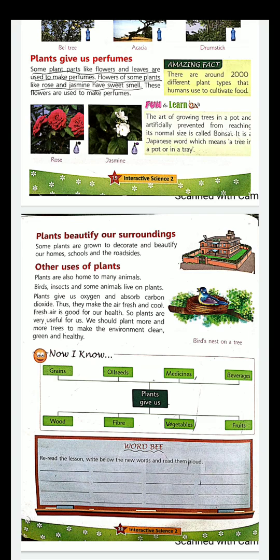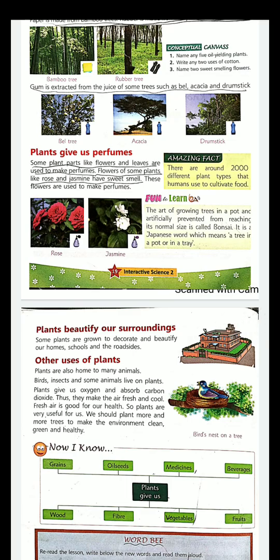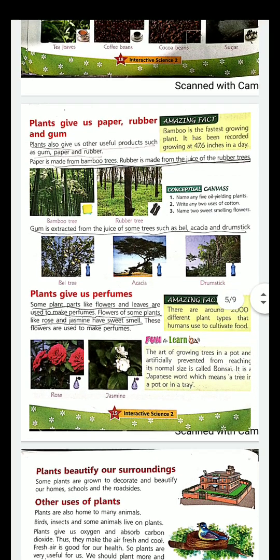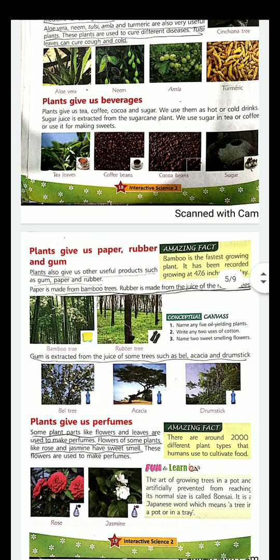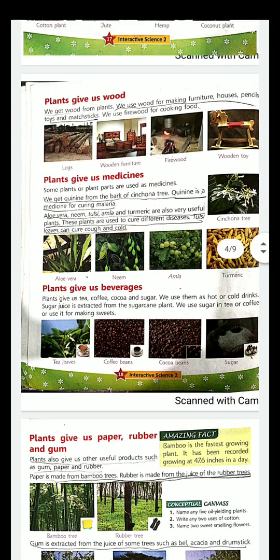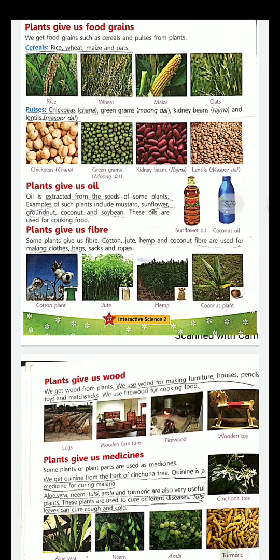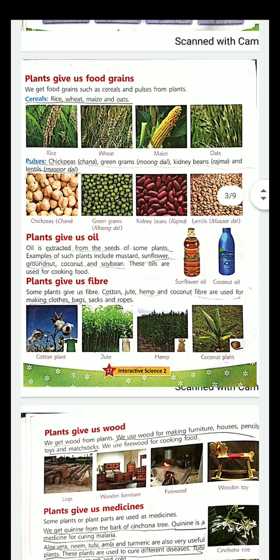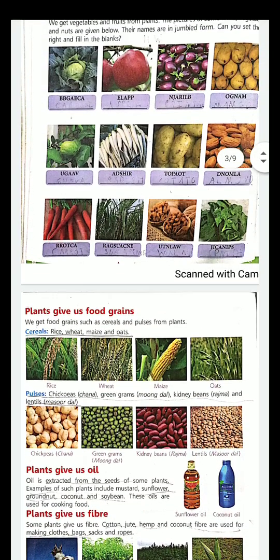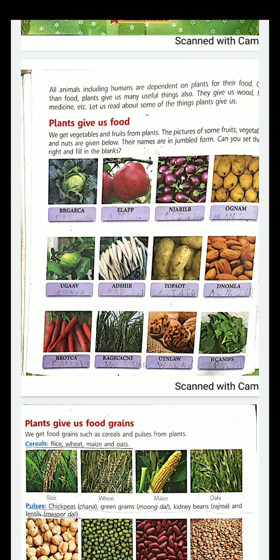You will read the whole chapter, and you remember I gave you difficult words like oxygen, carbon dioxide, environment, perfumes, drumstick, rubber, bamboo, beverages, medicines, cooking, matchstick, furniture, ropes, pulses, cereals, chickpeas, kidney beans, carrot, sugarcane, spinach, almond, walnut, cabbage.